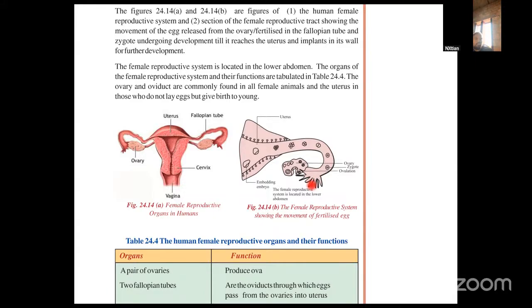Now, ovulation doesn't mean that the egg will come only from the left ovary or the right ovary. It can come from anywhere. And sometimes it happens that both ovaries release an egg, meaning in one menstruation cycle, two eggs are released.